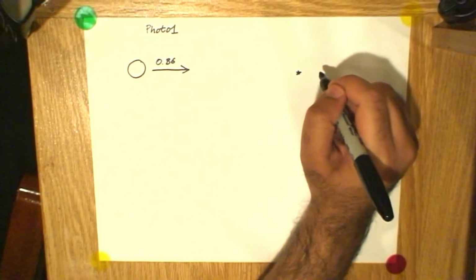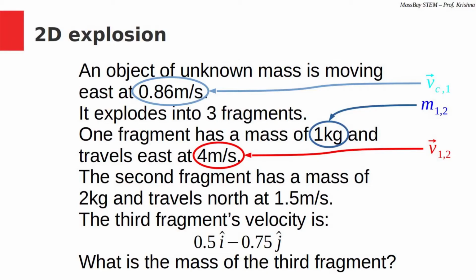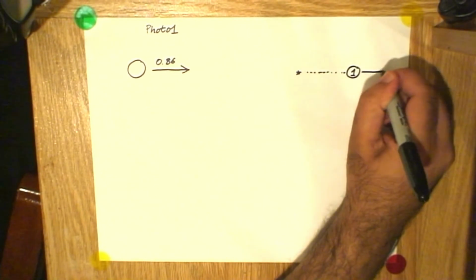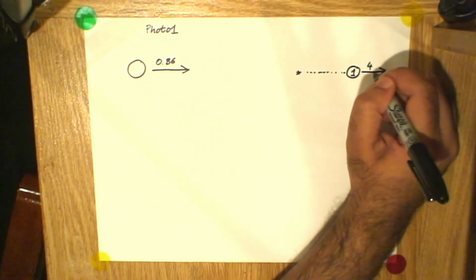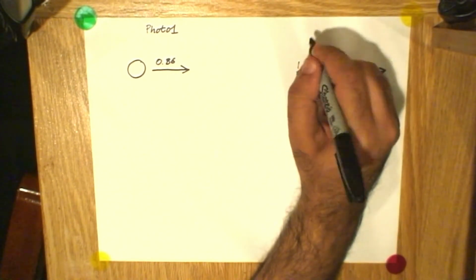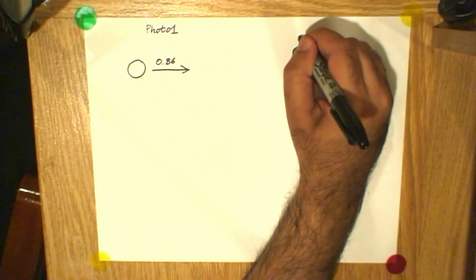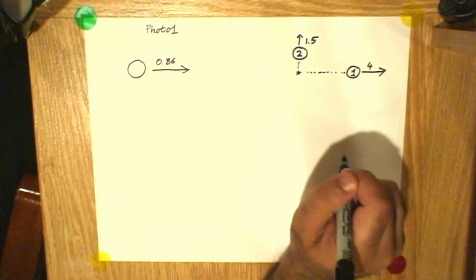Out of this explosion there come 3 fragments. There is a 1 kilogram fragment that travels rightwards at a velocity of 4 meters per second. There is a 2 kilogram fragment that travels upwards at 1.5 meters per second.